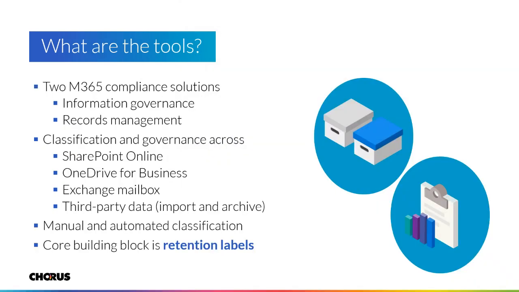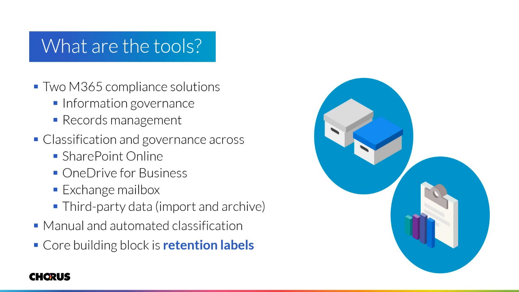Some regulatory requirements will actually require you to prove that you have deleted certain types of content. So the tools we're looking at here are two Microsoft 365 compliance solutions. One is information governance and the other is records management. Both of these use retention labels. Records management is just a little bit more robust, aimed at very formal scenarios where you need to demonstrate certain record keeping requirements.